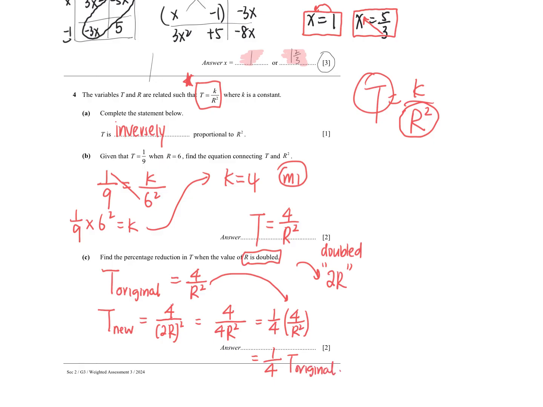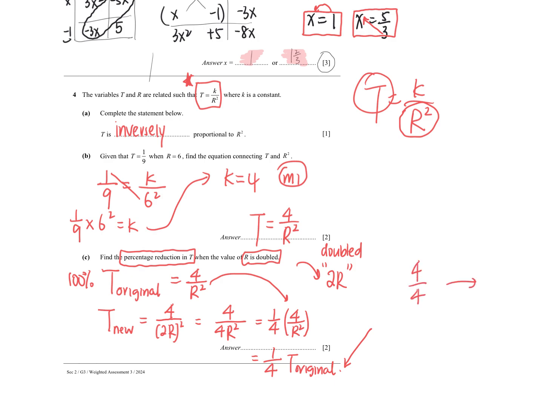So if you can see that my new T is now 1/4 of my original T, what is the percentage reduction? If this is 100%, how many percent have I reduced? I'm only left with 1/4 of my original. So I reduced by 3/4, right? Correct or not? Original is 4/4.